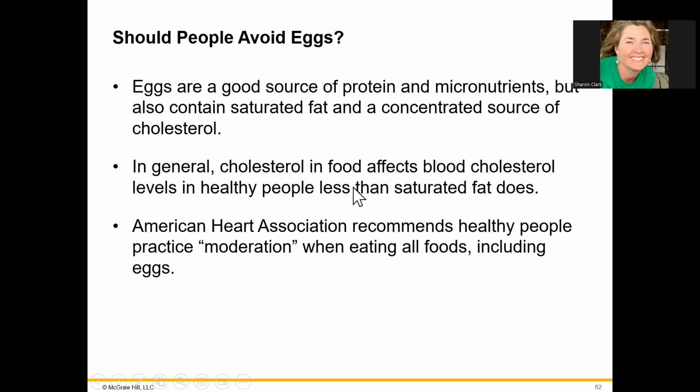And yes, eggs are good. They are a good source of protein. They are one of the cheapest forms of protein out there. And within moderation, and there again, quantify that.